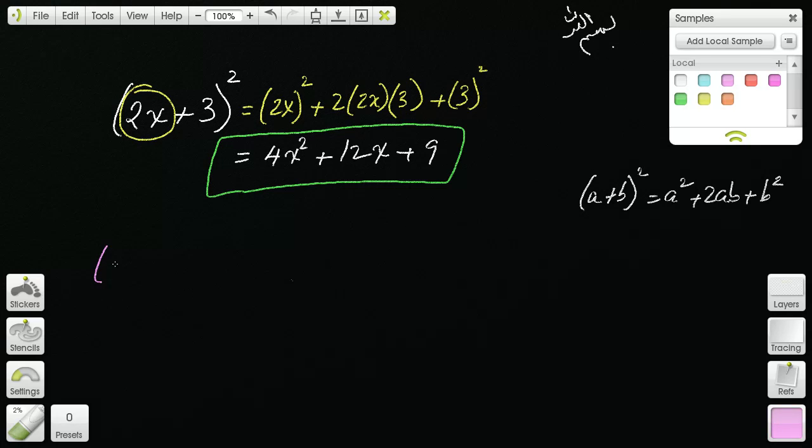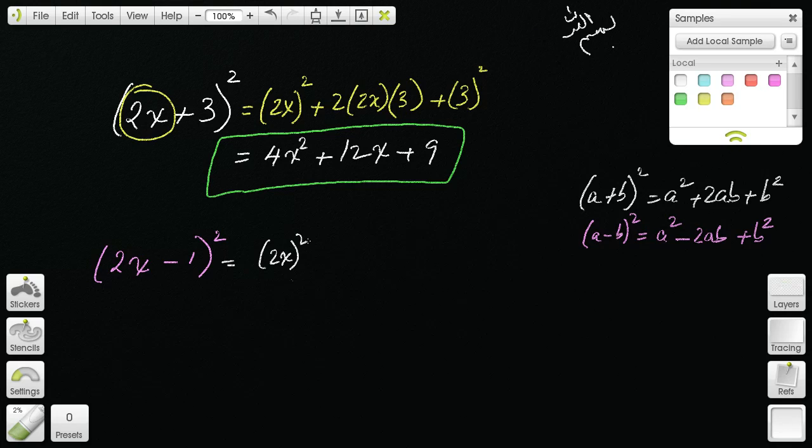Let me give you an example like this. (2x minus 1) squared. Now this one is (a minus b) squared, which is a squared minus 2ab plus b squared. So this is going to be a squared minus 2 times a times b. Is b negative 1? No, b is not negative 1.